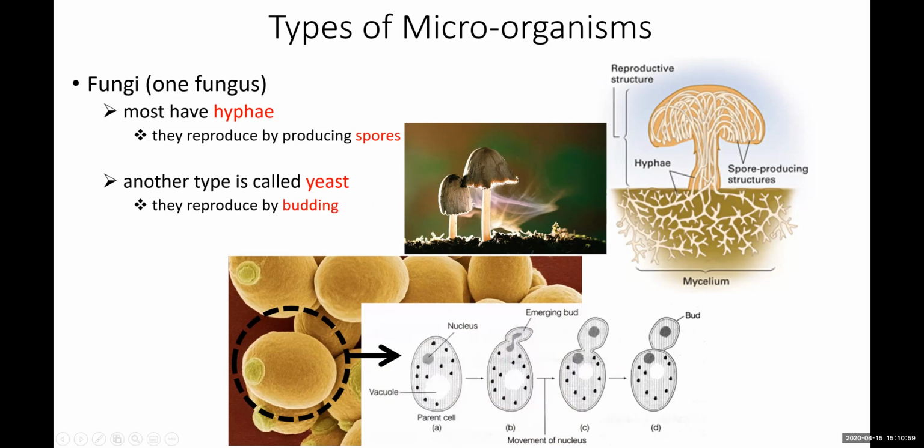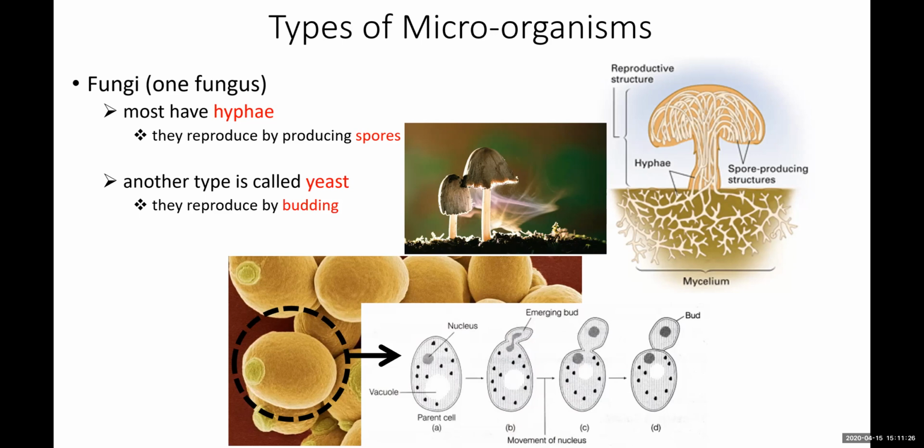So budding is where it grows a new yeast from the original, okay? So it's important to remember that the original stays the same and it uses the energy to grow a new yeast, and that's budding. So the fungi, we have two. We have some that have hyphae and we have some that don't. If they don't have hyphae, they are called yeast.